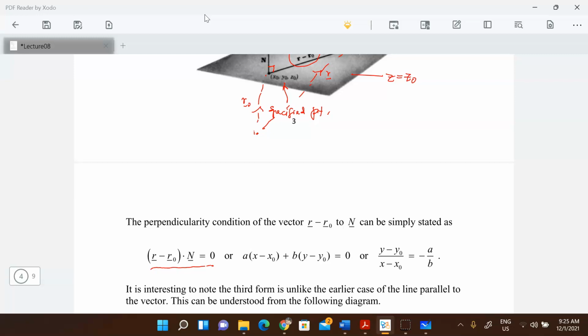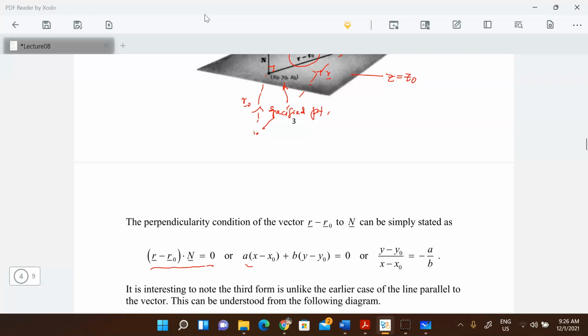Okay, so in other words, for the equation of the plane, you just substitute what r minus r0 is. In this case, your z component doesn't play a role because everything is in the z equals z0 plane. So you simply have a, the x component of the normal, times x minus x0, plus b, the y component of the normal, times y minus y0.